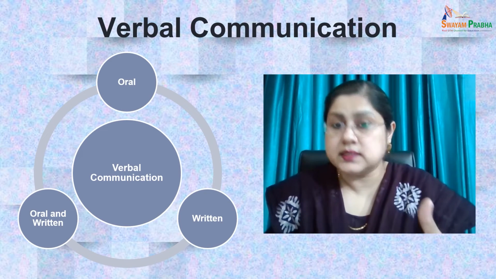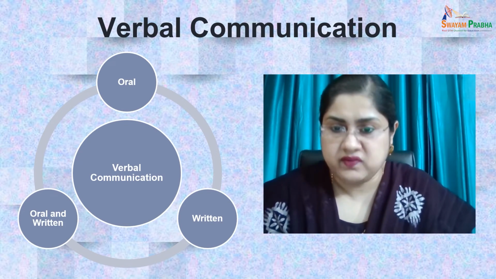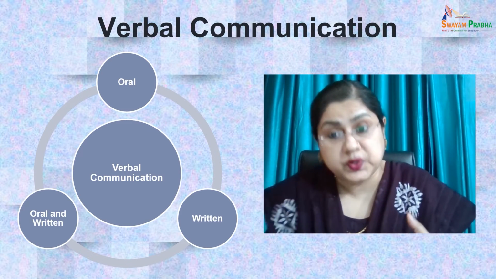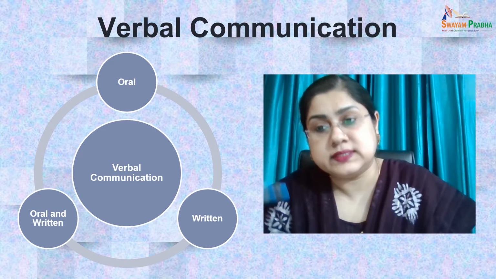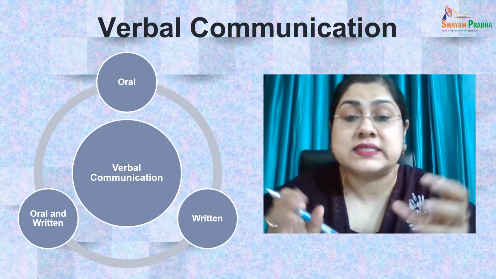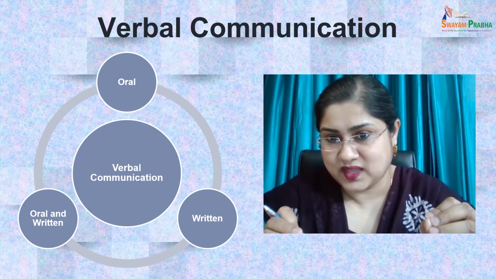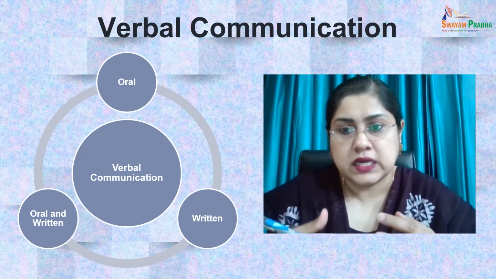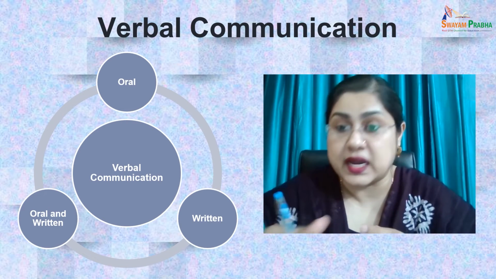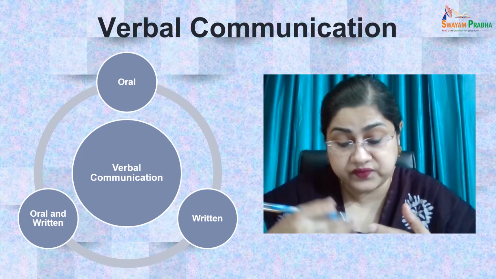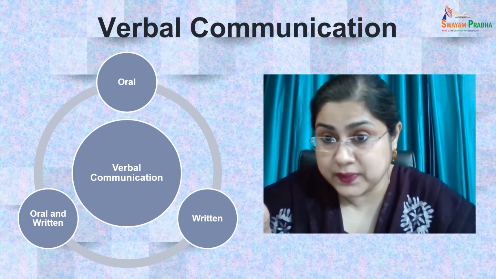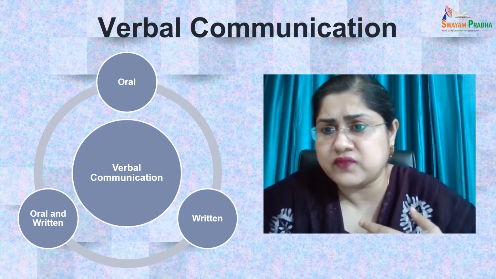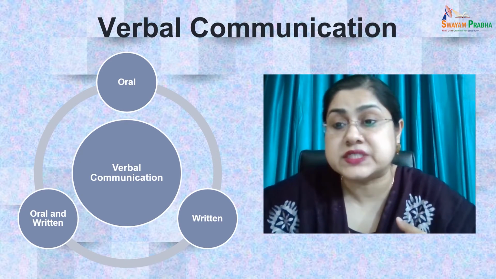Then next is the written form. In the written form of language communication, the communicator or sender makes use of the script of the language. Script is the way in which we write. We write Hindi in Devanagari script, if we write Punjabi we use Gurumukhi, and in the case of English we use the English script.